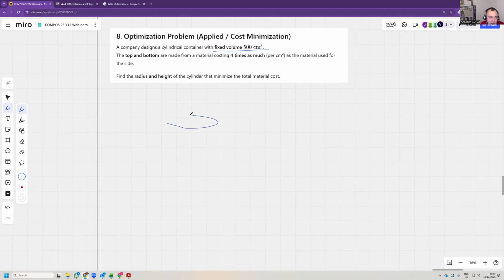The top and bottom are made of a material costing 4 times as much. So the price of top and bottom is 4 times as much as the material used for the side. Find the radius and height of the cylinder that minimize the total material cost.